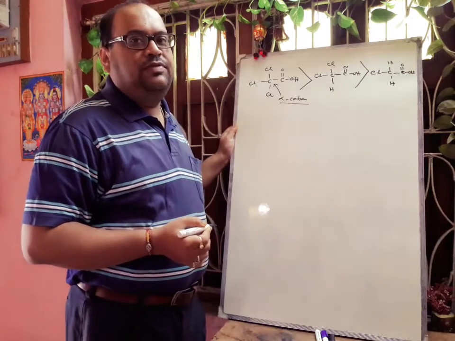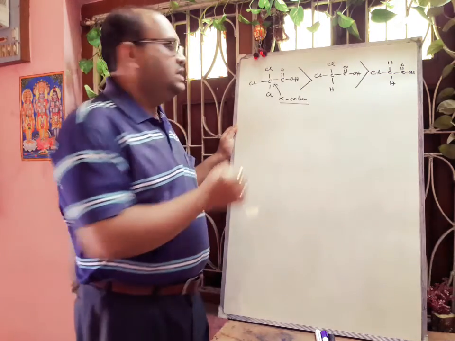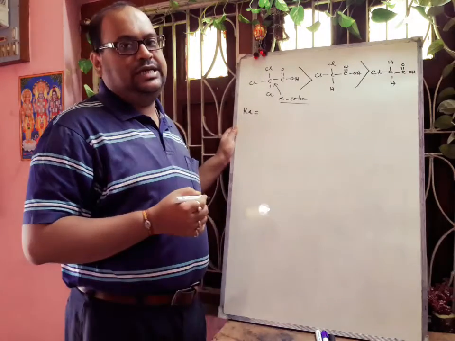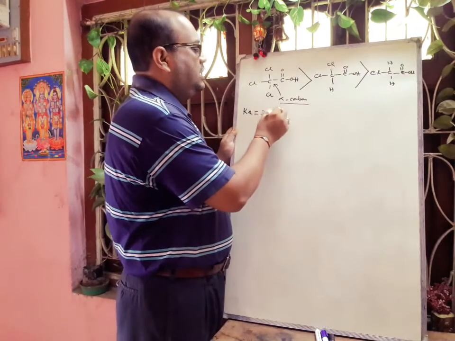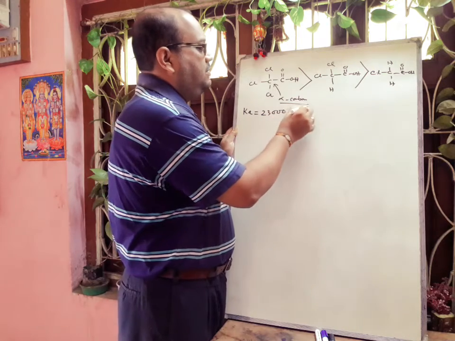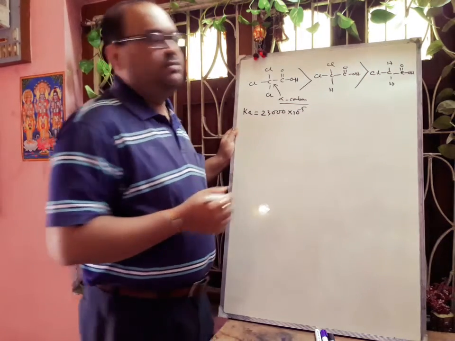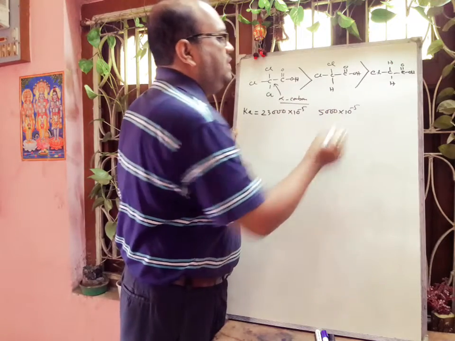Now if we write the dissociation constant value, from there you can easily understand. The Ka value of this trichloroacetic acid will be near about 23,000 into 10 to the power minus 5. But here the Ka value will be near about 5,000 into 10 to the power minus 5.